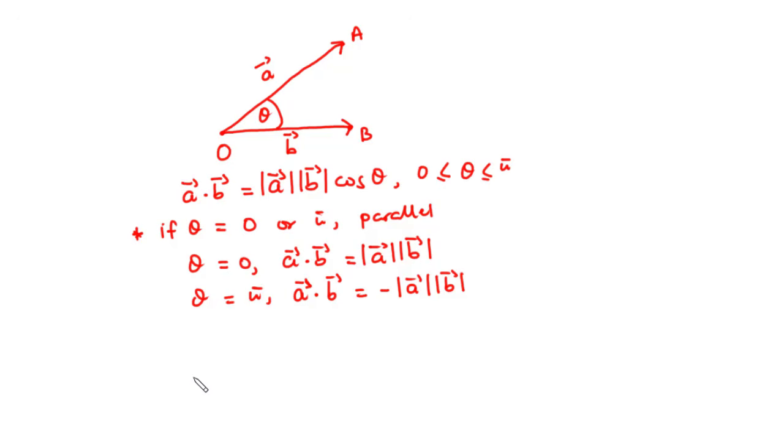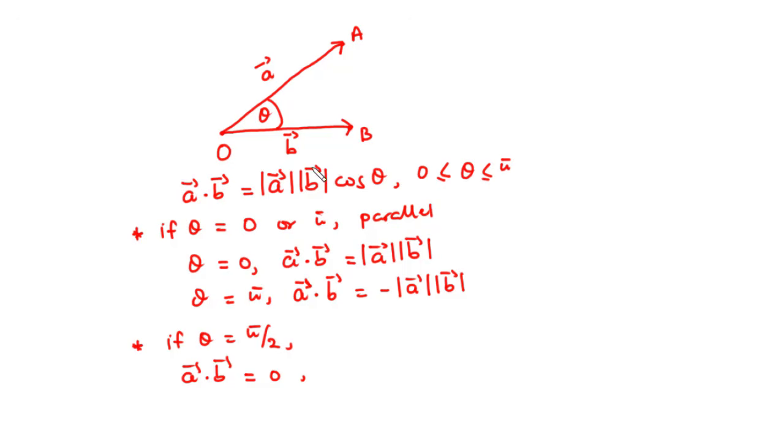So what happens if the angle formed between the two vectors is 90 degrees or pi on 2? Now if theta is equal to pi on 2, then the dot product of these two vectors, A and B, is equal to 0, because cosine of 90 degrees or cosine of pi on 2 is equal to 0.